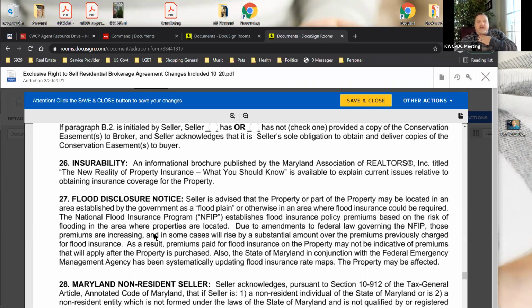All right, insurability. An informational brochure published by the Maryland Association of Realtors titled "The New Reality of Property Insurance, What You Should Know" is available to explain current issues relative to obtaining insurance coverage for the property. So keep in mind, make sure that you Google that document and provide that for your sellers.